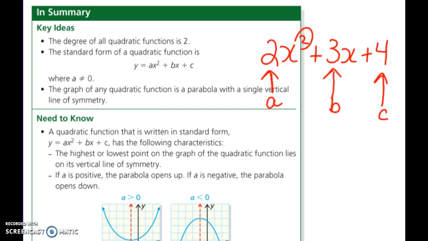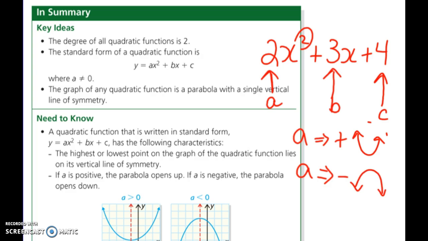So if your A is a positive number, then your parabola opens up. So I always remember it is, if you're positive, then you're smiling. If your A is a negative value, then when you're negative, you're frowning.